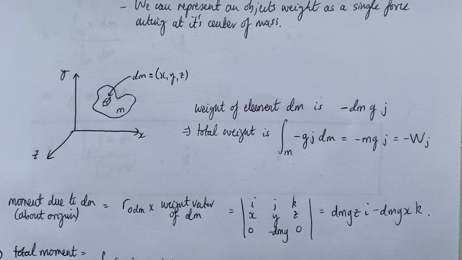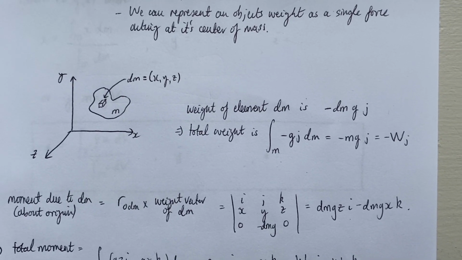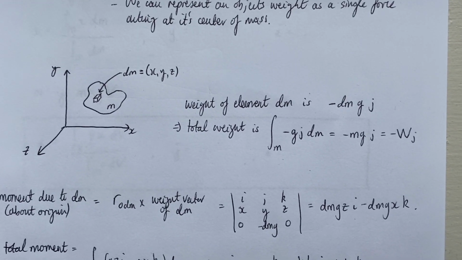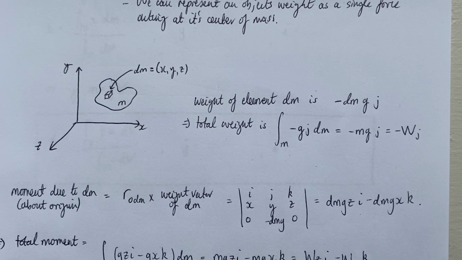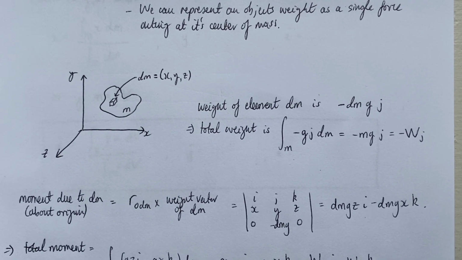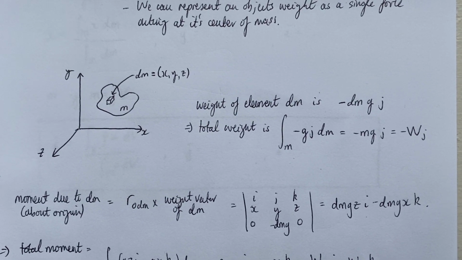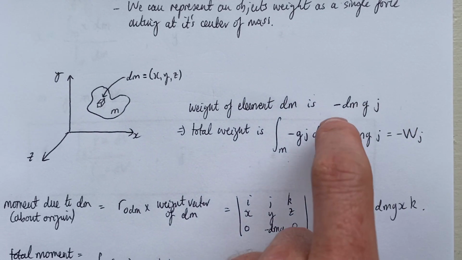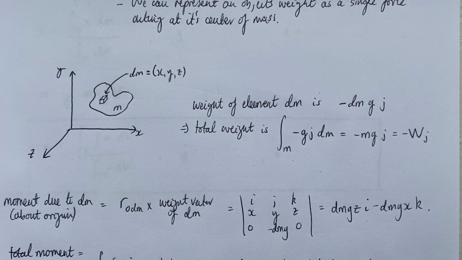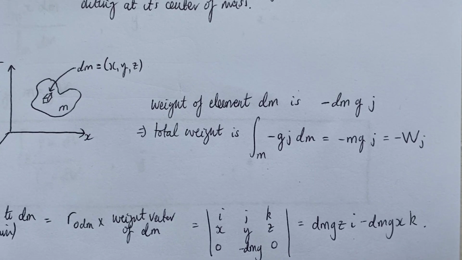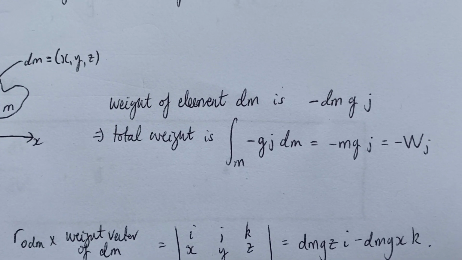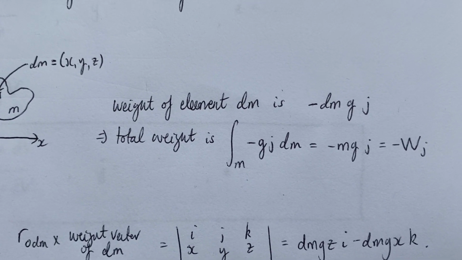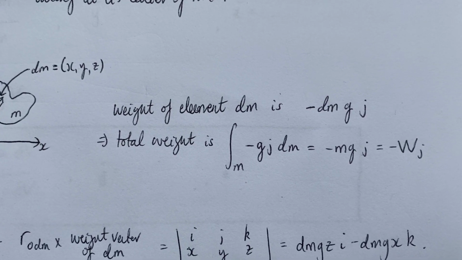So what we can do is find the total weight of this arbitrary blob by taking the integral over the whole mass of these small pieces. So we have the integral over m of negative g j with respect to m.